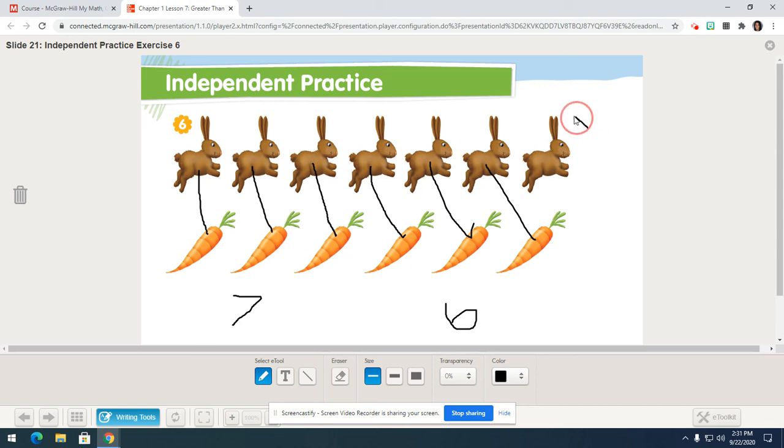Put a circle around the object that is more than. Good, the bunnies. So that tells me that 7 is greater than 6, or echo me, the bunnies are greater than the carrots. Excellent job, boys and girls.